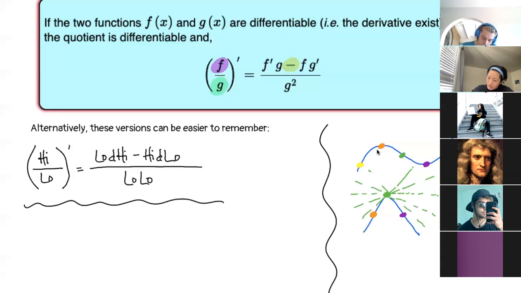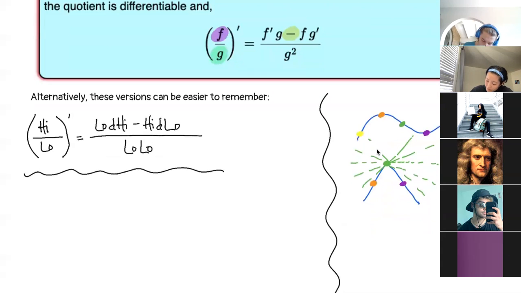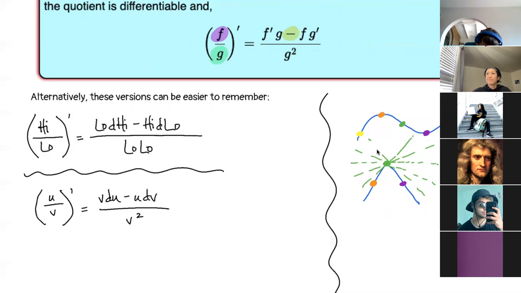And then what else have I heard? Some people just prefer the letters U and V, so kind of boring, but they like the letters U and V better. So you might just see someone who has this, and you might see the rule written as V dU minus U dV over V squared.